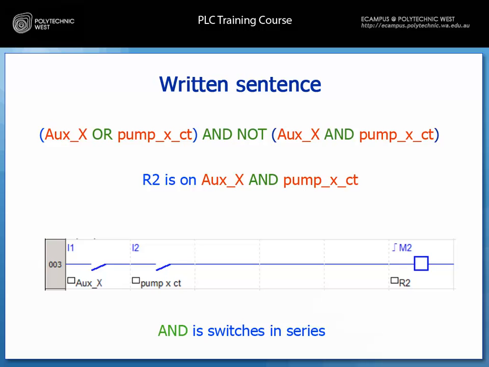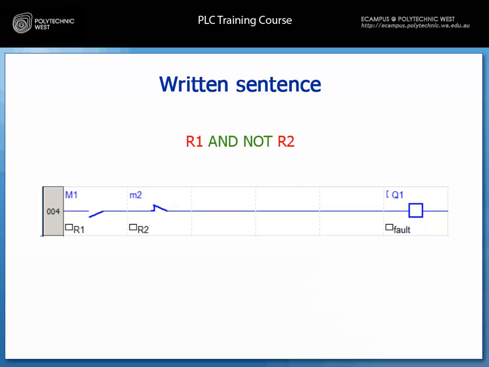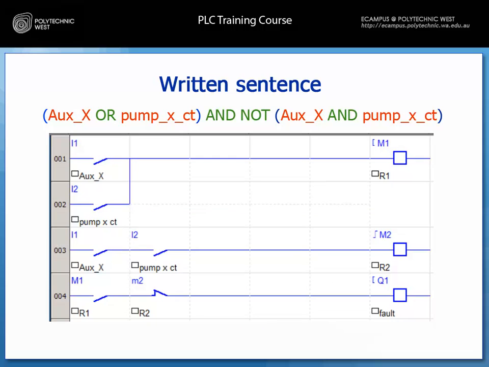So R2 equals auxiliary X and pump XCT. We can rewrite our sentence to substitute R1 and R2. The AND means that they are in series, and NOT means that we invert R2. Now we can bring it all together and show our 3 lines of code.